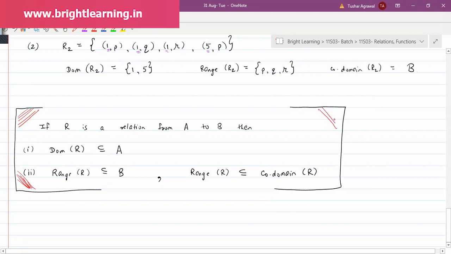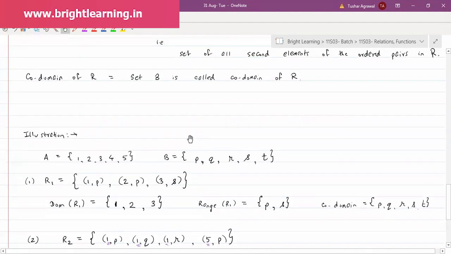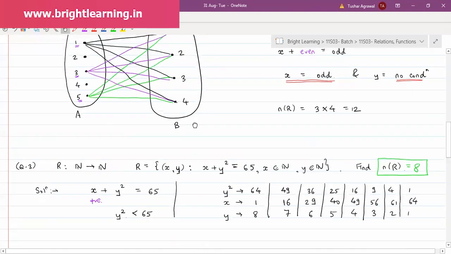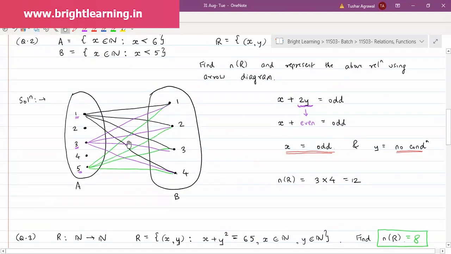Now some terminologies, how to read these things. The arrow diagram is a visual representation of a relation. This relation can also be called a mapping.